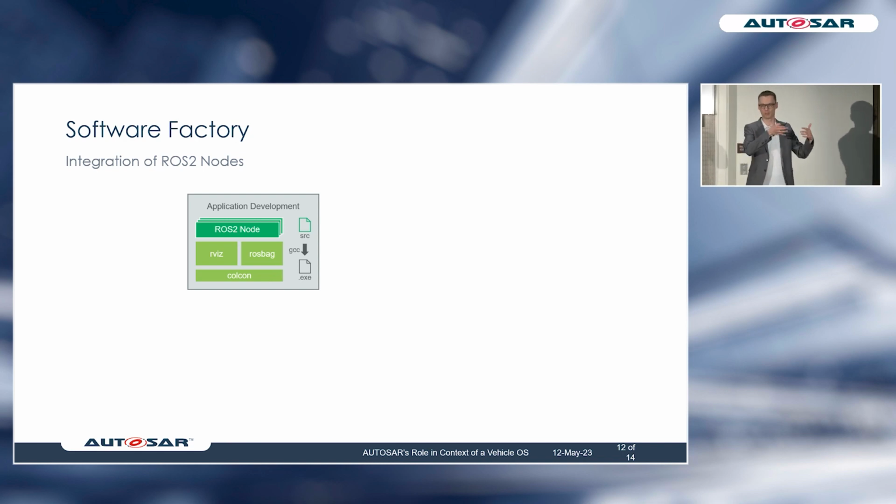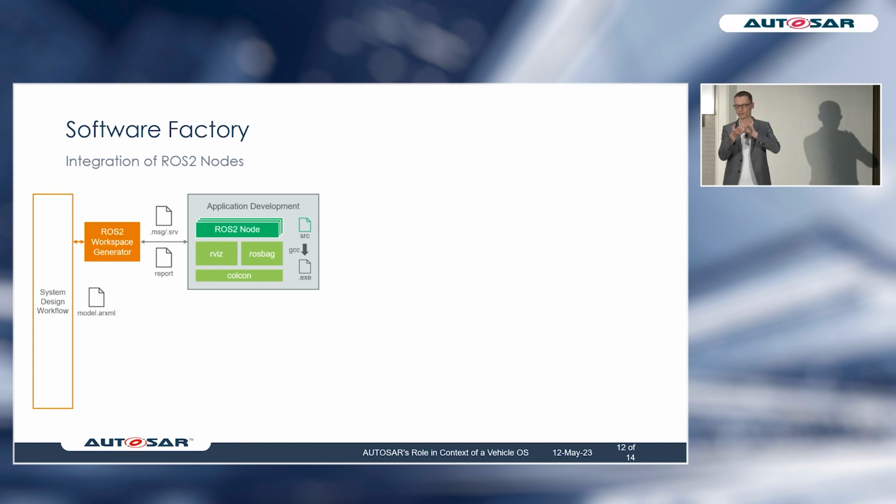How does that map to what we have in Autosar? Well, first, we transfer the ROS environment or the description, because in ROS there still is a description. So we have message and service files, because every developer of a ROS node has somehow to explain what kind of services he's offering and what kind of services he's consuming.